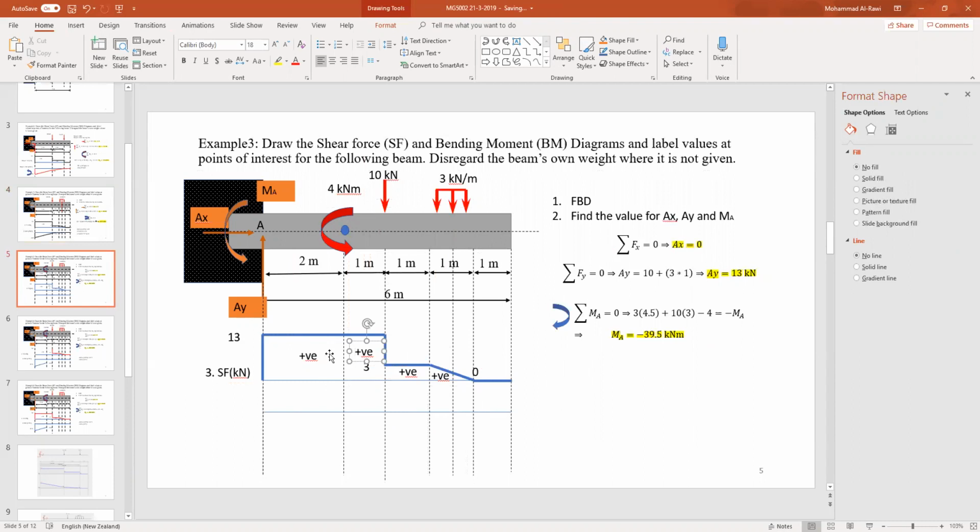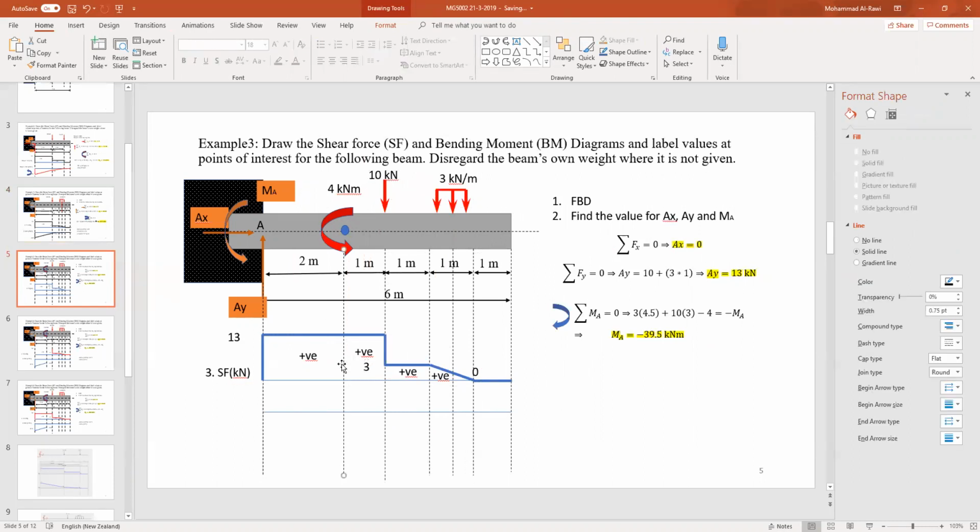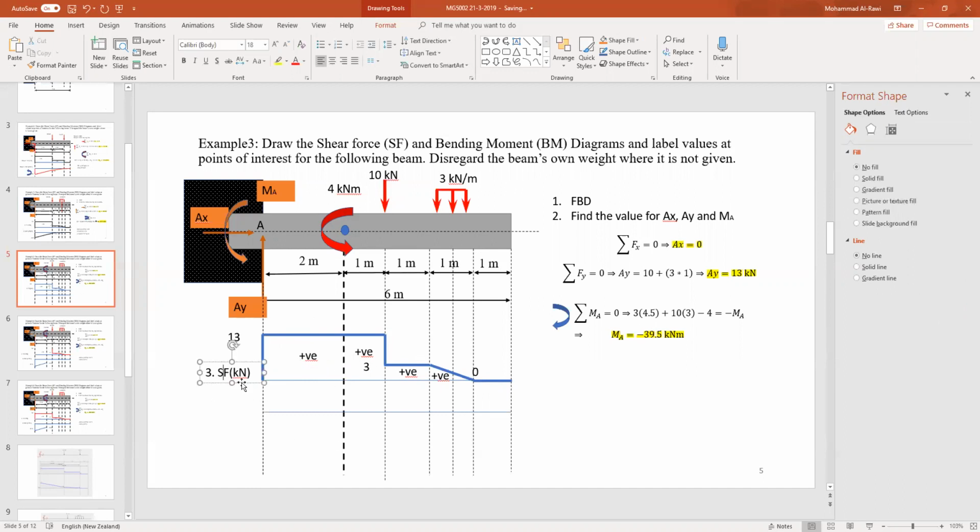Why did I divide this into 2 areas? Because this line indicates for me where the moment is happening. Therefore, I break this one into 2 areas because I need to take into consideration the effect of the 4 kilonewton moment.